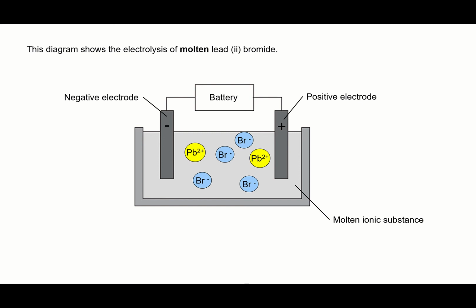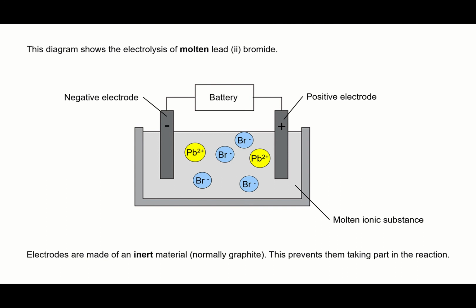So you can see I have my liquid particles floating around in that bowl. And as you know, in a liquid, the particles are free to move. So my positive ions and my negative ions are free to move in this molten ionic substance.